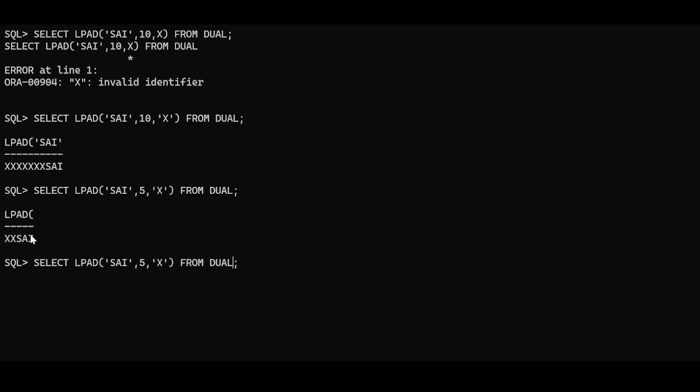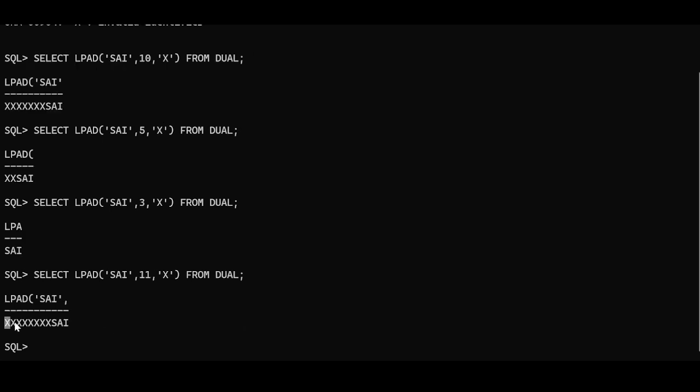If I take 3 here, and the total character count is 3, then 3 minus 3 is 0, so there will be no changes. If you take 11 here, 11 minus 3 is 8, so the 8 spaces will be filled with x on the left side.